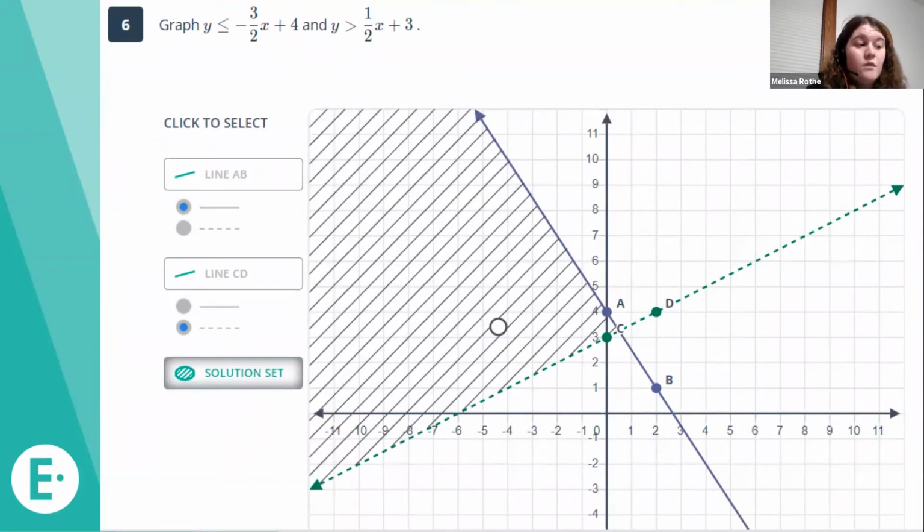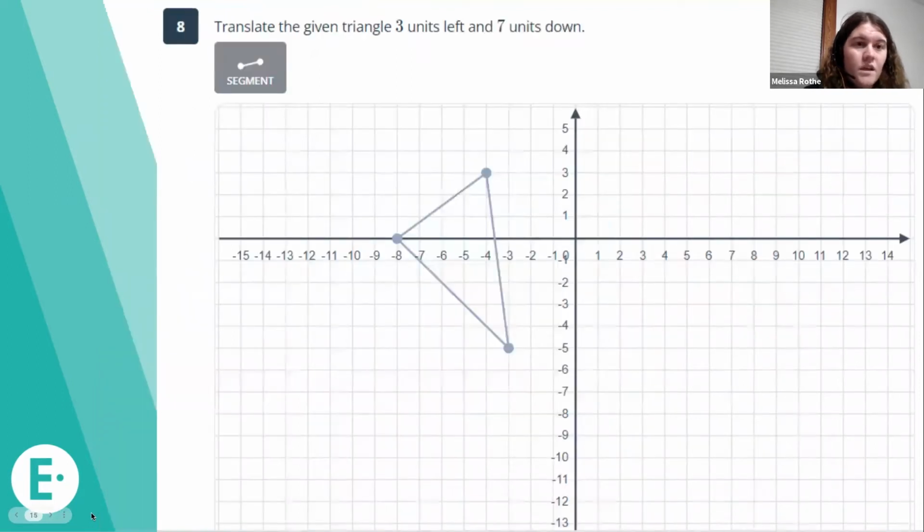I have not used Edulastic for assessments. I've primarily used it for homework, but students are able to learn this software pretty quickly, and I really enjoyed that part of Edulastic. The other type of graphs that I have used is the ones like this, where they have to translate the triangle, either I use it in my 8th grade curriculum or in my geometry.